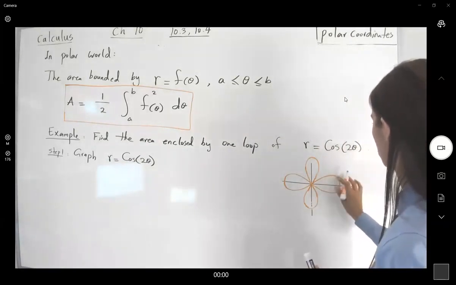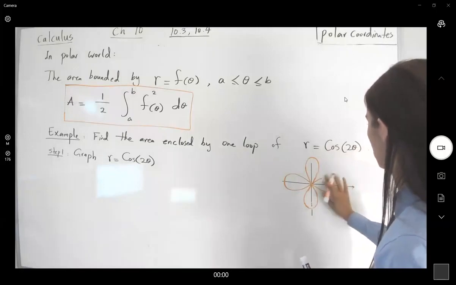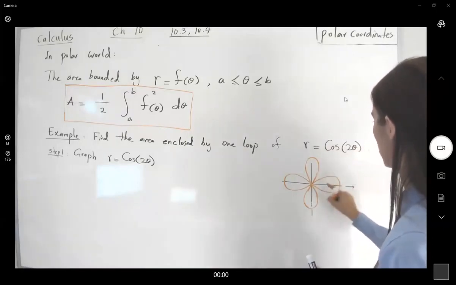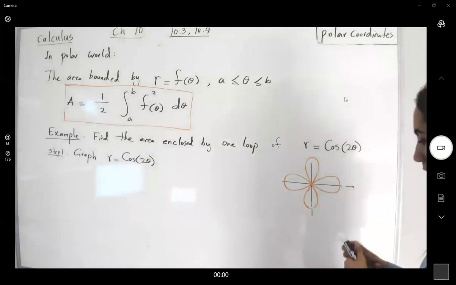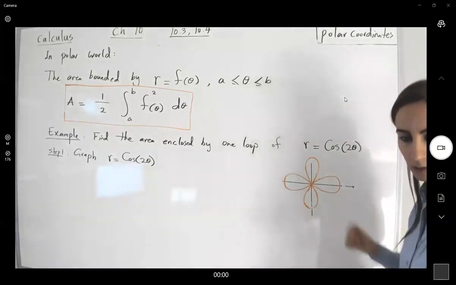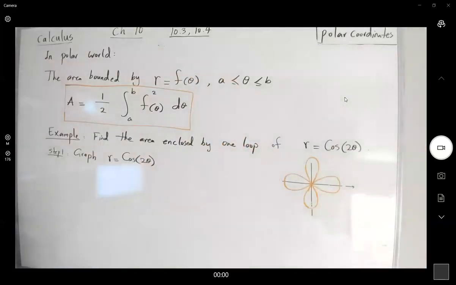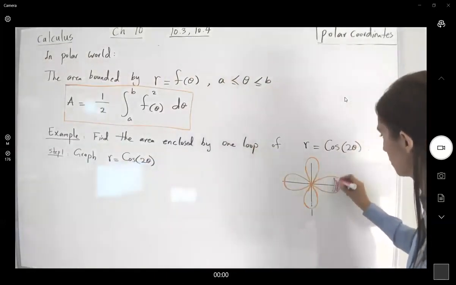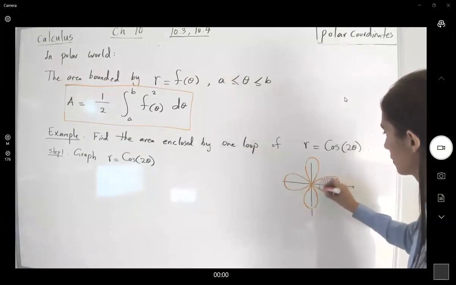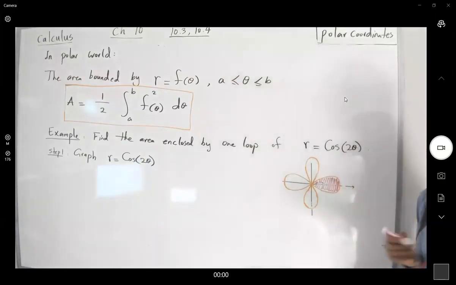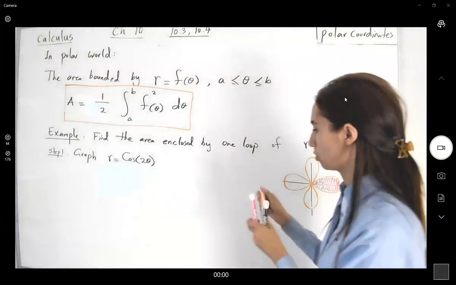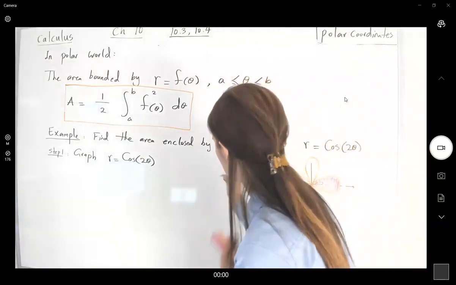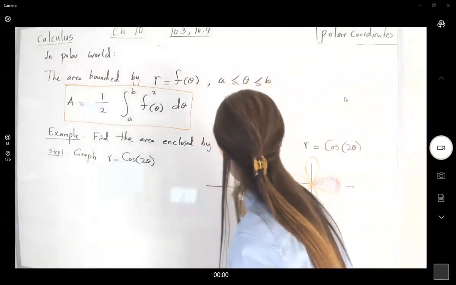Just one of them. Let us select this guy on this side. So let us find the area of this loop on this side. This is the loop that we are working with. So we want to know what this area is.